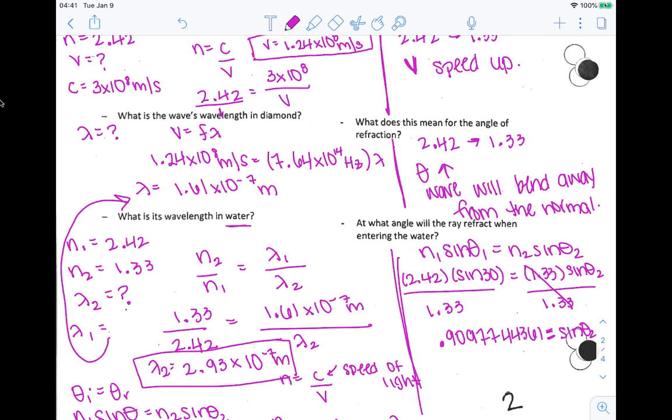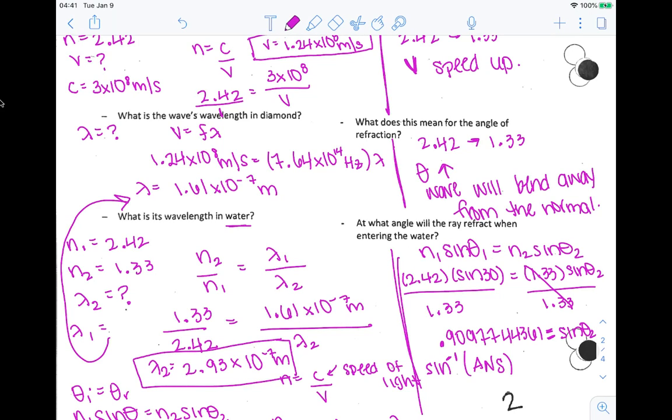We are looking for an angle, which means that we are going to use our inverse sine function, sine to the negative 1, of the answer. I wrote out this whole long decimal here just to show you. I would never write that on my paper.